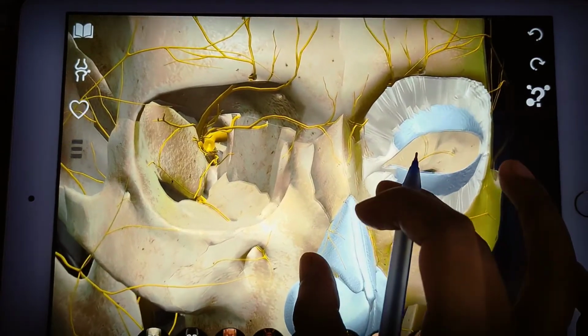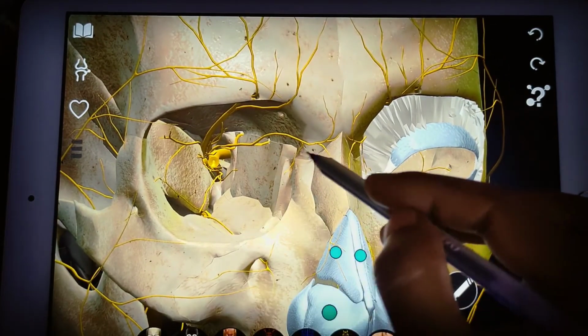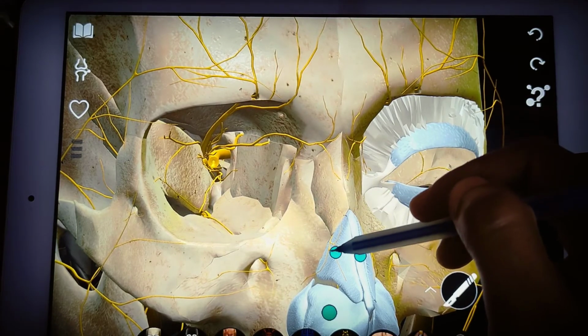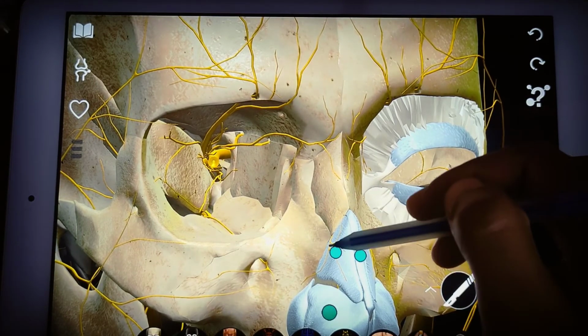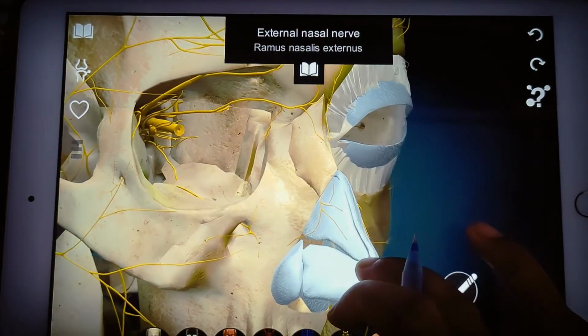So the anterior ethmoidal division of the nasociliary nerve goes through the nose, supplies the entire interior of the nose, and comes to the superior portion of your nose as the external nasal nerve.